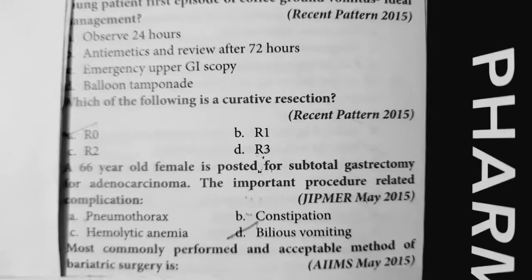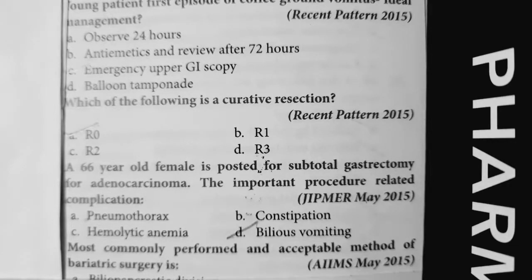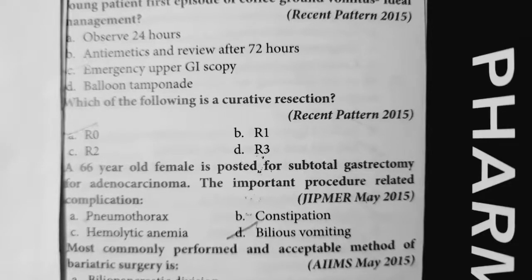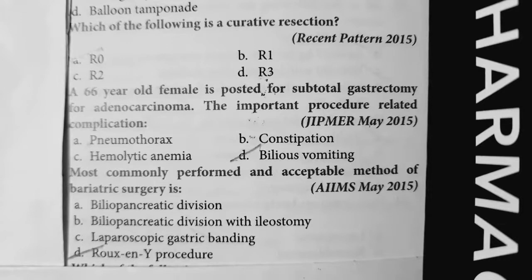Then question number 5. Most commonly performed procedure and acceptable method of bariatric surgery. There are many bariatric surgeries available, but among them, Roux-en-Y procedure is the most commonly performed bariatric procedure.